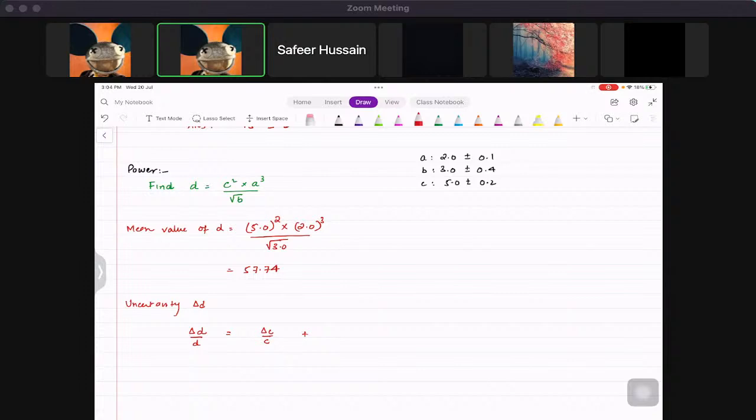Delta A over A plus delta B over B. Once you've done it, you will multiply powers of each variable with fraction. What I mean by this is C has power of 2, so I'm going to multiply 2 here. A has power 3, I'm going to multiply 3. And B, under root is basically half, so I'm going to multiply half. Is it clear, everybody?